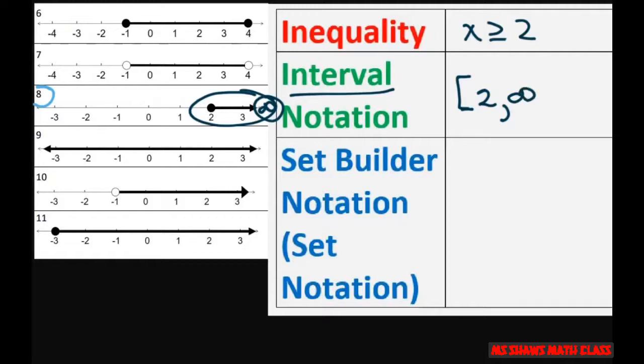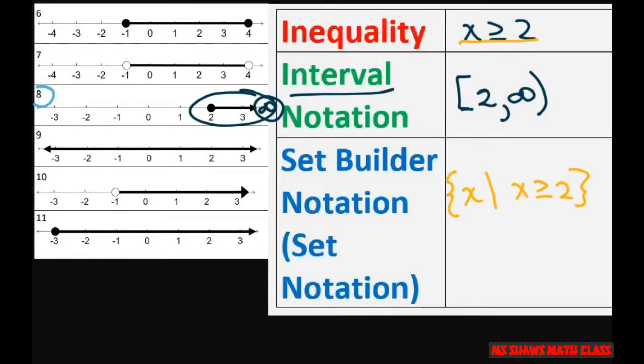Now you have to use an open parenthesis at infinity, because it can never equal infinity. Infinity is not a number, it's not a numerical value. There's always one more than infinity. It's an abstract notion. Now for set builder notation, write your braces, x such that x is greater than or equal to 2.